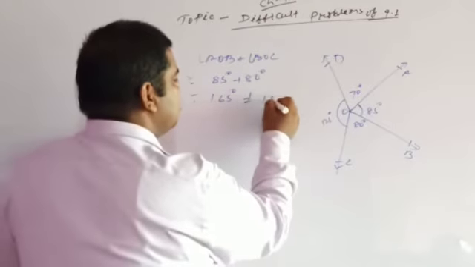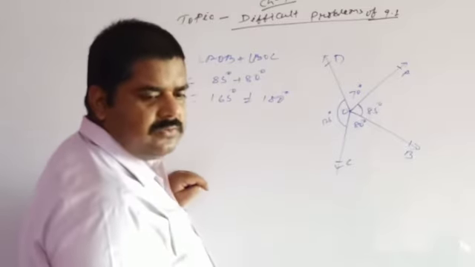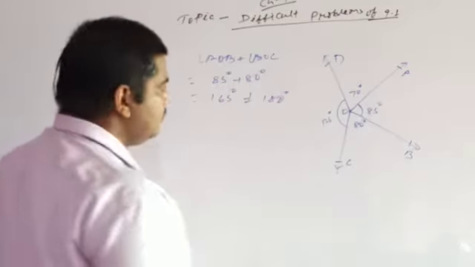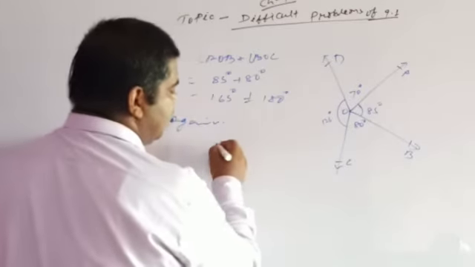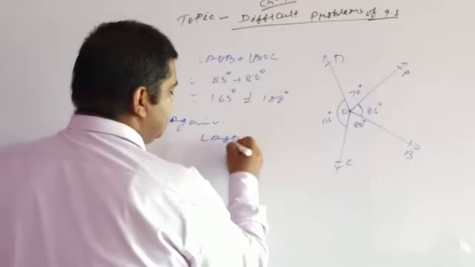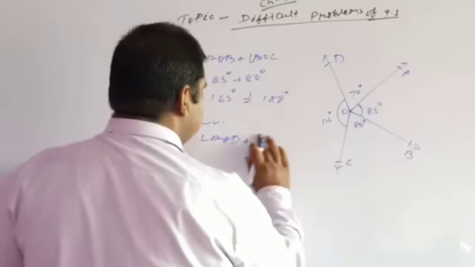Since it is not equal to 180 degrees, there is no chance of it being a linear pair.